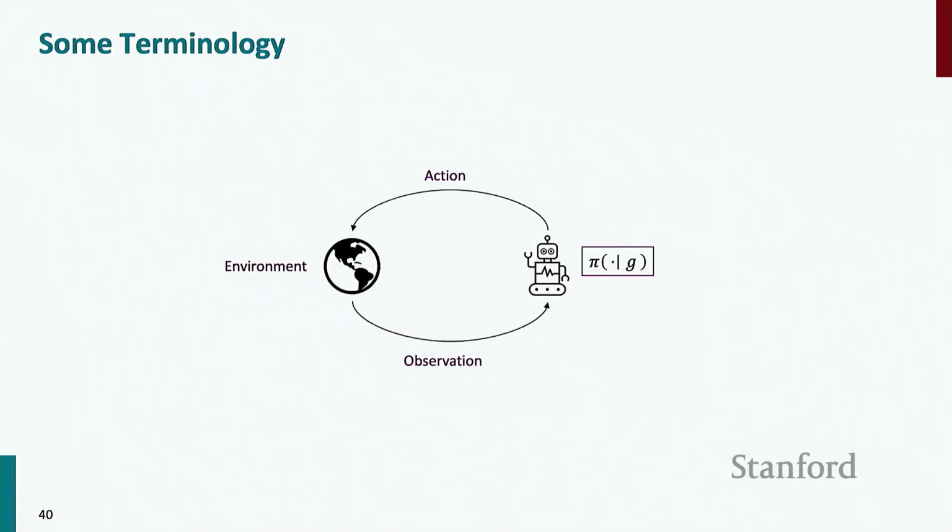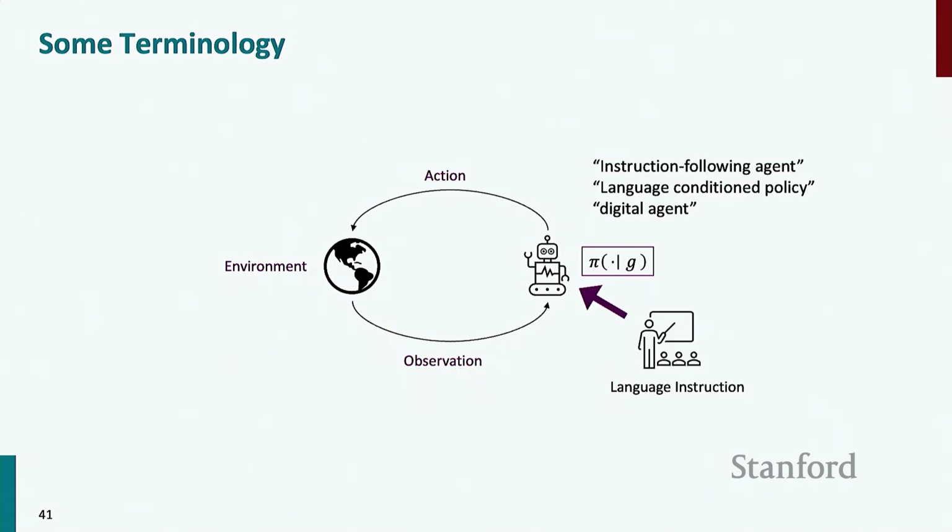And along with that, it receives this second variable G, and G represents a language instruction, okay? So there are many names for this setting and these models: digital agent, language-conditioned policy, or an instruction-following agent.